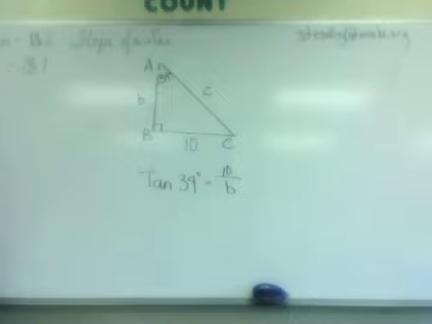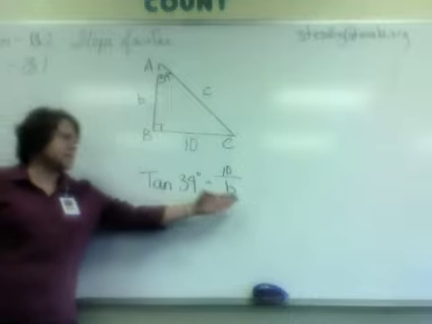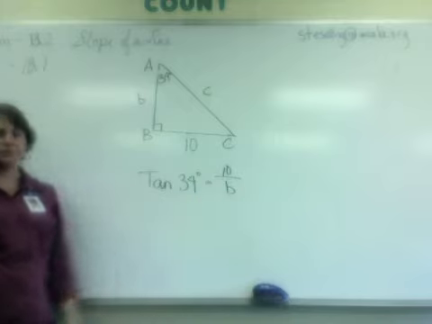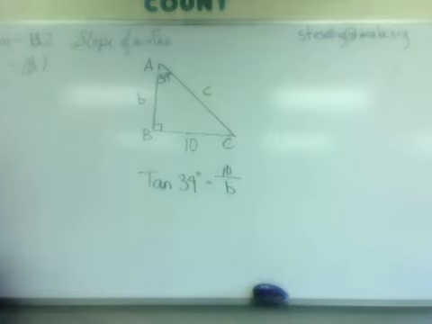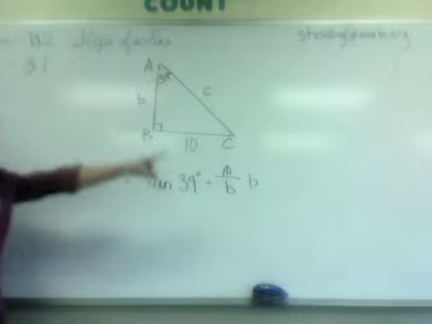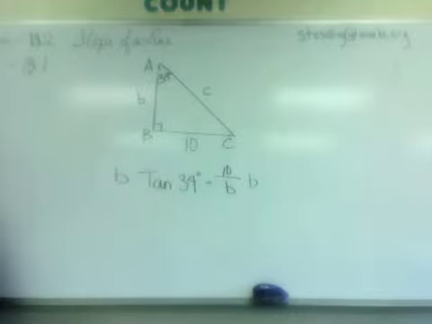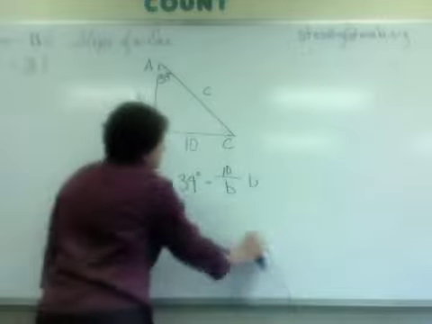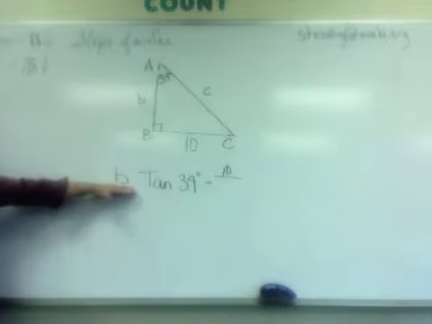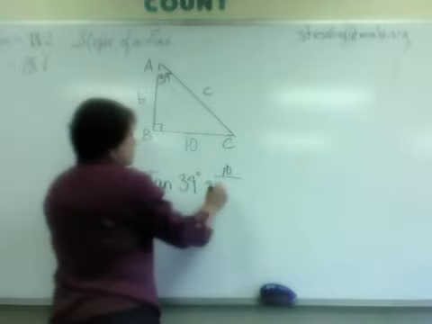We have to manipulate the equation in order to get b by itself. The first thing I would need to do is multiply both sides by b. And what would happen to it over there? 10. It would cancel, correct? Then with b on this side, how would I get tangent 34 to the other side? I'd have to divide by tangent 34.